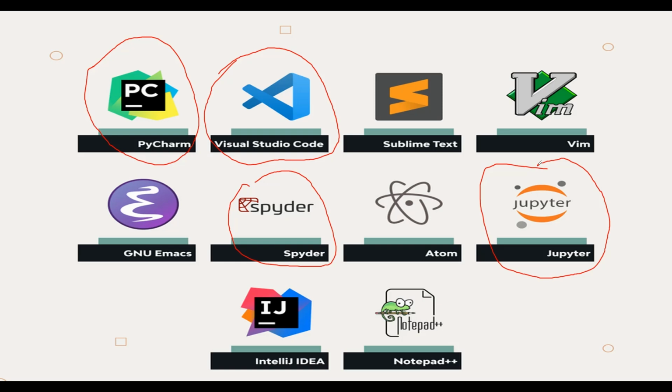It supports various programming languages including Python and is widely used in data science, research, and education. So Jupyter Notebook is a very popular IDE. JupyterLab is the next generation interface for Jupyter Notebook, offering a more flexible and extensible environment for interactive computing with Python and other languages.